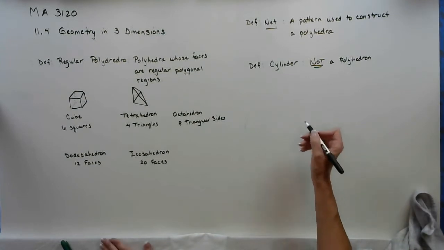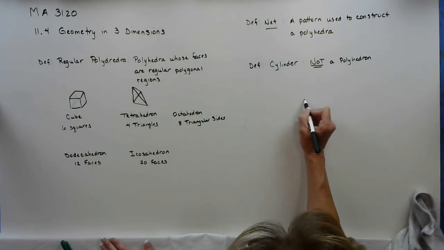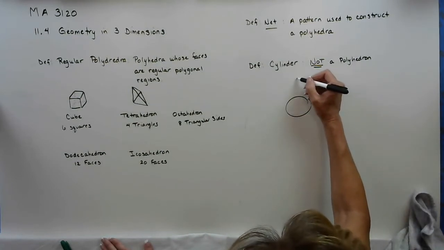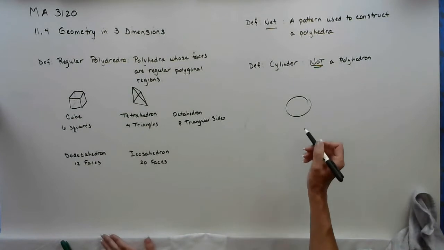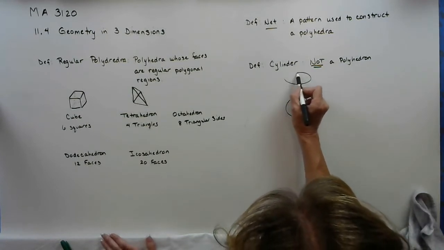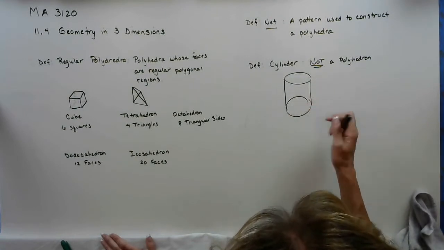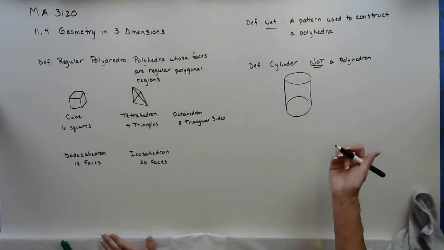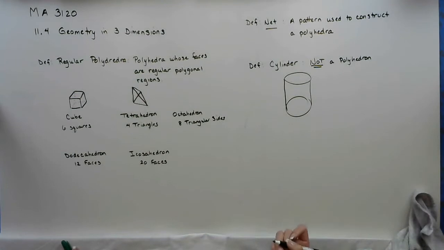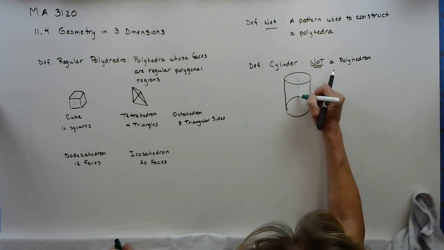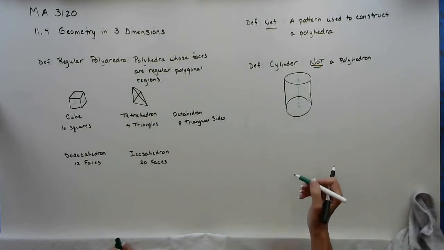So a right cylinder, here's a right cylinder, it's got a circular base, it's got a circular top, and kind of like a soda can is a cylinder. It's a right cylinder if each of these bases is perpendicular to the altitude.